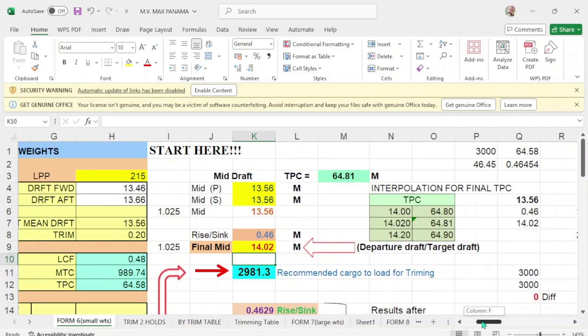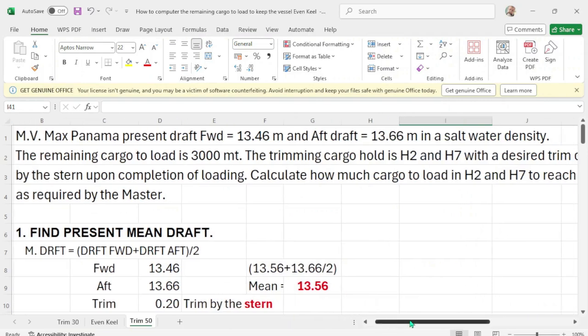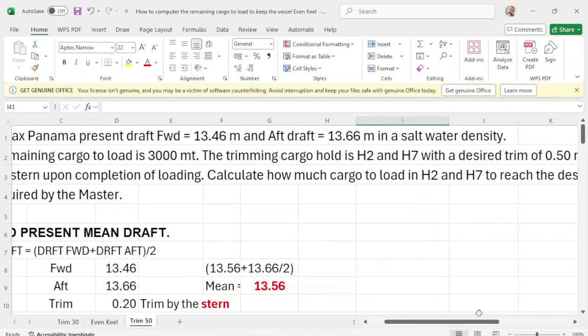As agreed with the chief or the draft surveyor, your forward is 13.46, your aft drop is 13.66, and your actual mid drop, port and starboard, is 13.56. So this will be your mid drop and your departure drop is 14.02. But in the problem, it doesn't say what your departure drop is.